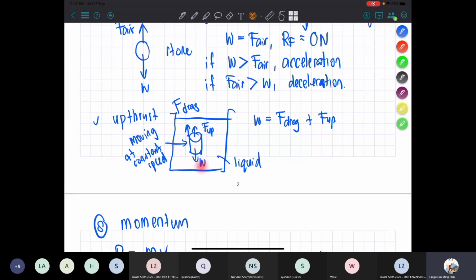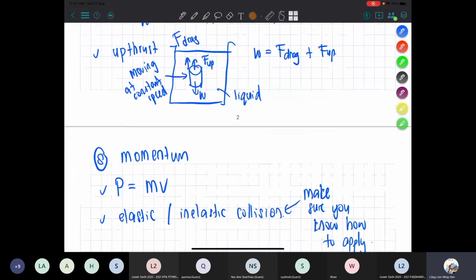So you have the weight, you have the upthrust, you have also the drag. Drag is the macam air resistance lah, but in the water, we call it the drag lah. Yeah. So the summary is weight is equal to the drag force plus the upthrust. Okay. So this is something to do with the upthrust.